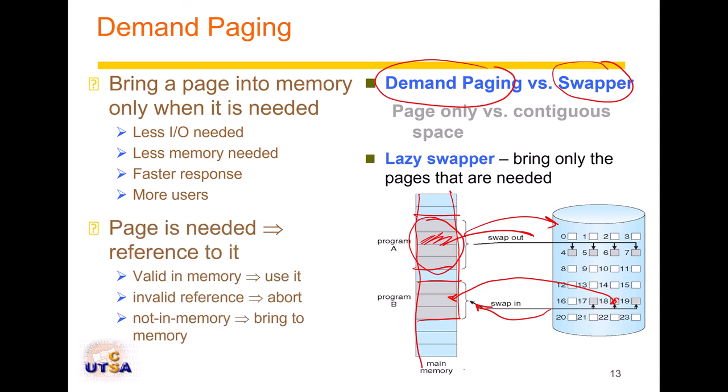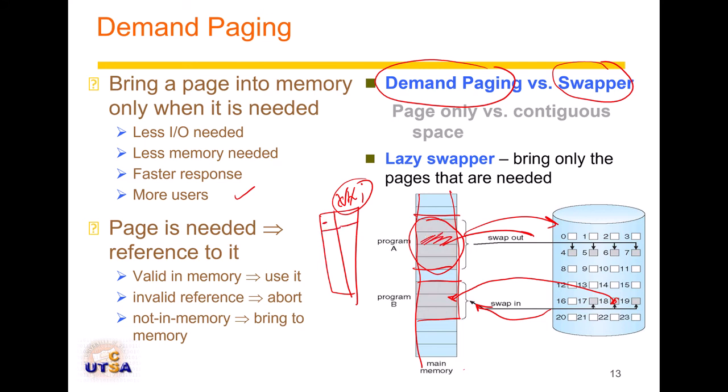Okay, and with that, of course, we can support more users. And to control what's happening here, in addition to the page table we had before, we will have a control bit called the valid-invalid bit, and that bit will tell us whether that given page is in the physical memory or not.